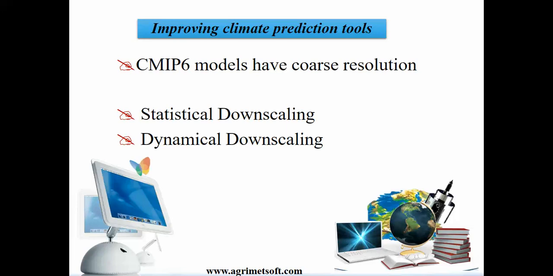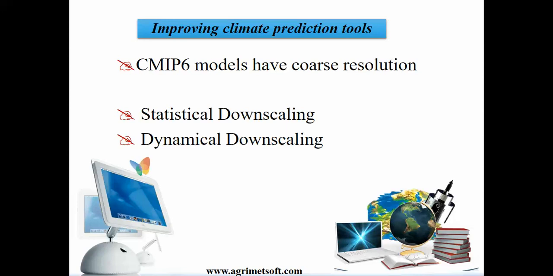For example, if you want to predict the changes of a basin and analyze hydrological components such as IDF curves and runoff, a big coarse grid wouldn't be applicable. So you need a finer resolution.